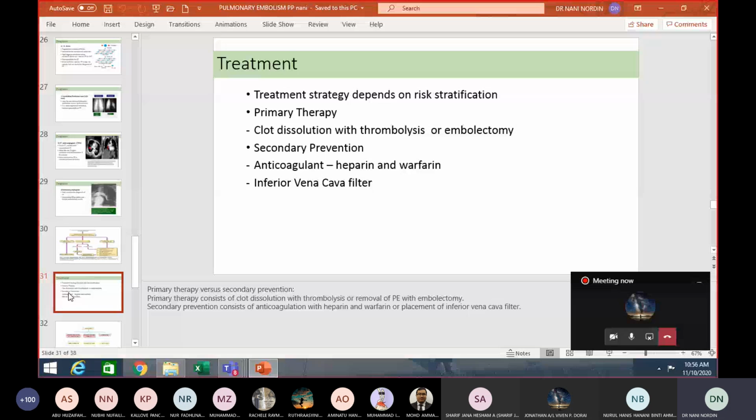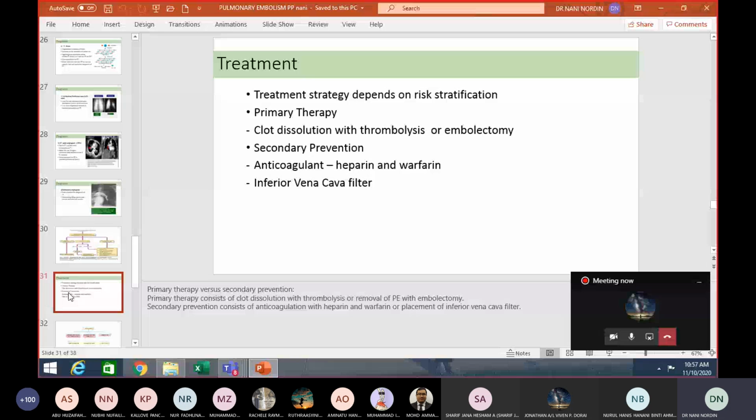Primary therapy, you're talking about you want to dislodge the emboli. This is in the case of the huge pulmonary embolism with hemodynamic consequences, those with low BP, especially.